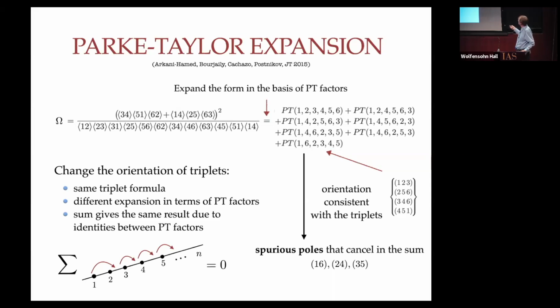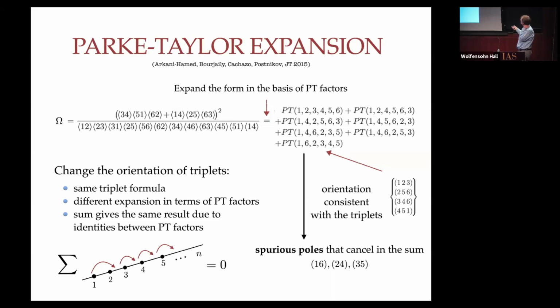These Parke-Taylor factors are not all independent, as you can see also here, because different expansions give the same formula. They satisfy a lot of identities, including, for example, the simplest one, which we call U1 decoupling identity. If you take n points on this line and you take one of the points and start to shuffle it through, then the sum of these Parke-Taylor factors is 0.